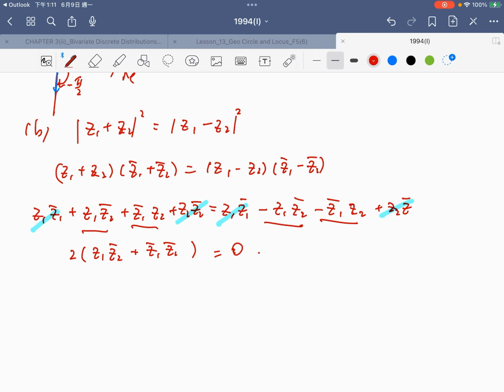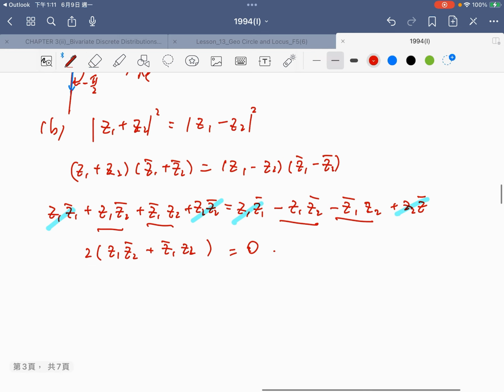let me, oh, I make mistake here. This is, yeah, a conjugate here. And both hand side divided by z1 conjugate, and let me see, z2 conjugate and z2.